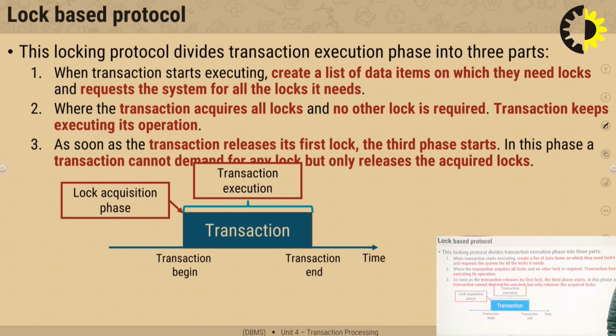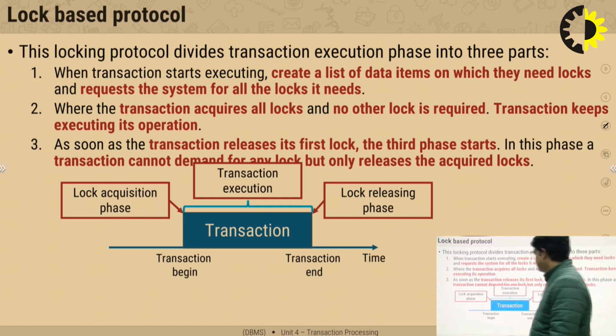The transaction will continue its execution. Thereafter, as soon as the transaction releases its first lock, the third phase starts. That is, the transaction will no longer require any lock, but will only be releasing locks. So all of these three phases are specified here.